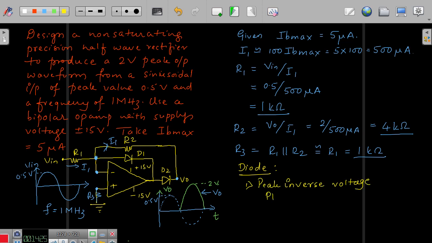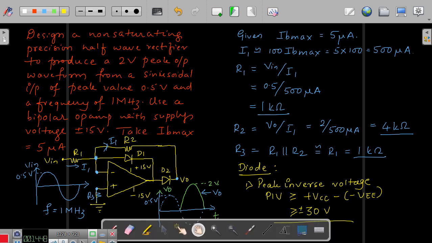Simply, PIV should be equal to or greater than plus VCC minus of minus VEE. So this should be equal to or greater than how much? 30 volts. It should be equal to or greater than 30 volts peak inverse voltage.